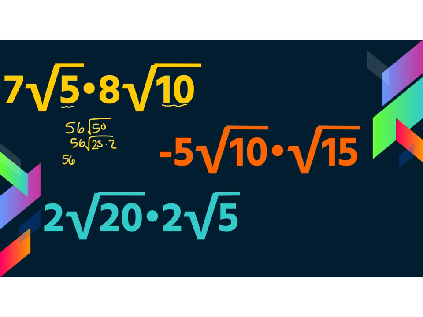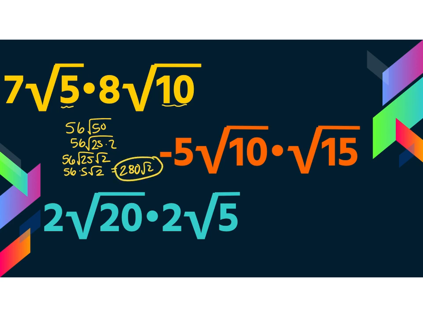And I'm going to do 56 times the square root of 25, square roots of 2. Square root of 25 is 5, so I'm going to do 56 times 5 times square roots of 2. 56 times 5 is 280. So we have 280 square root of 2, and that's our final answer.